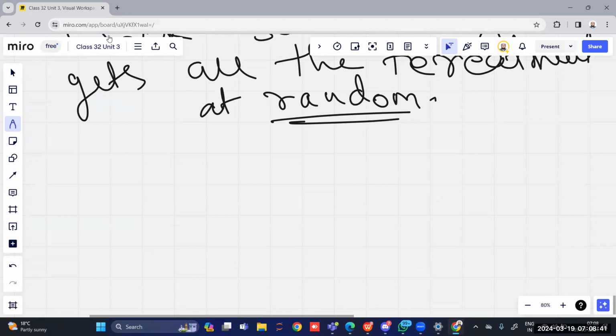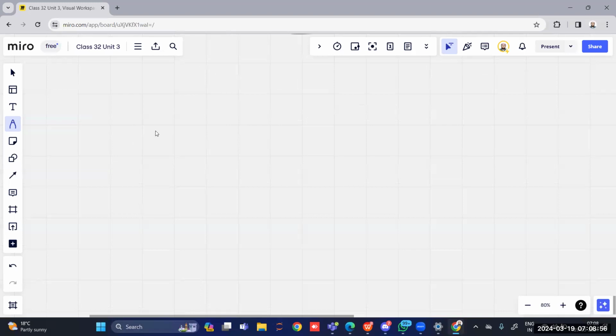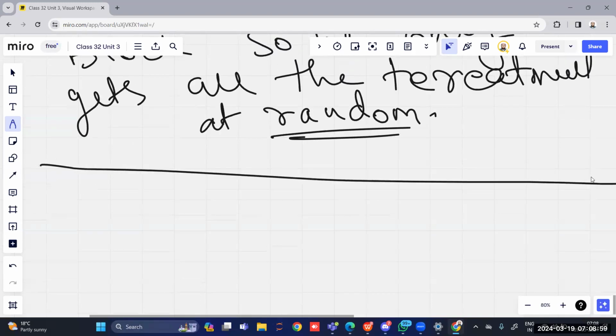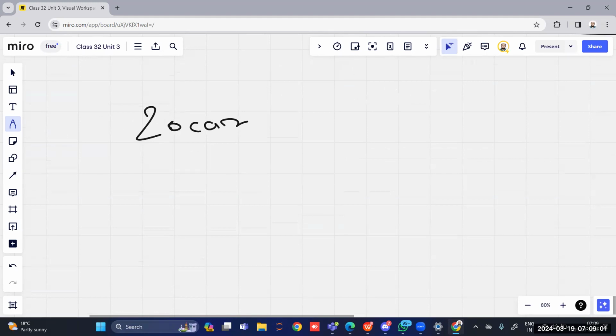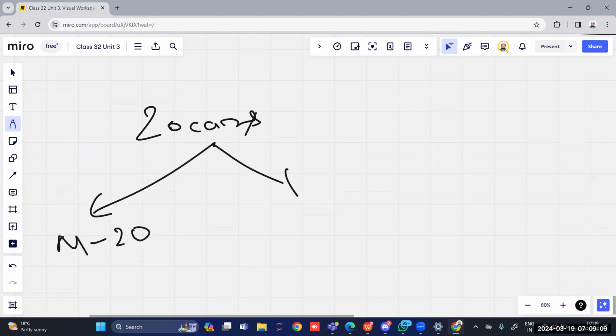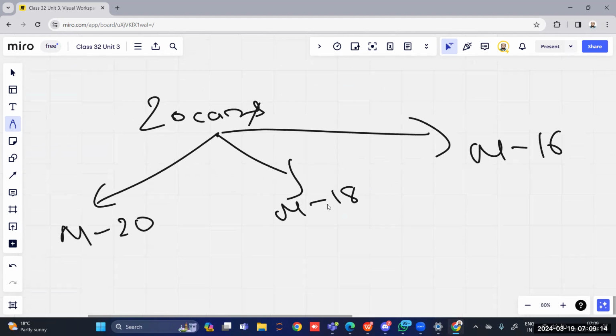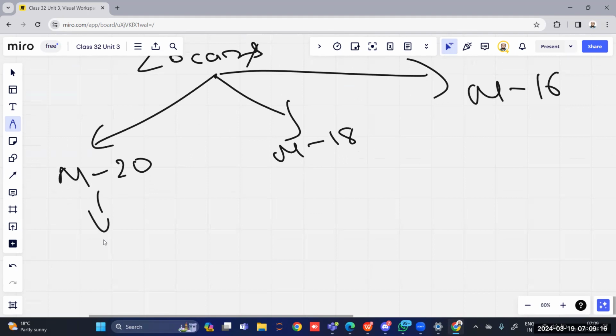Just give me a minute. Okay, so what we'll do, we have 20 cars. Depending on their mileage, for example, for a specific car, mileage is 20, 18, 16, we'll design blocks, and in each block there will be two cars.